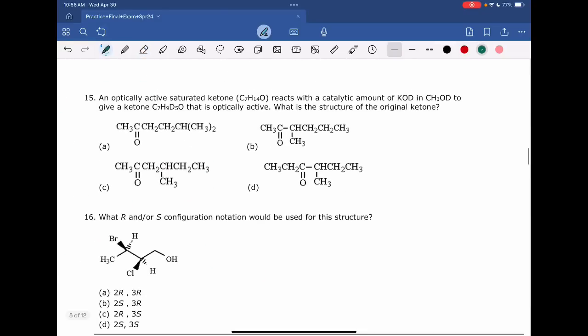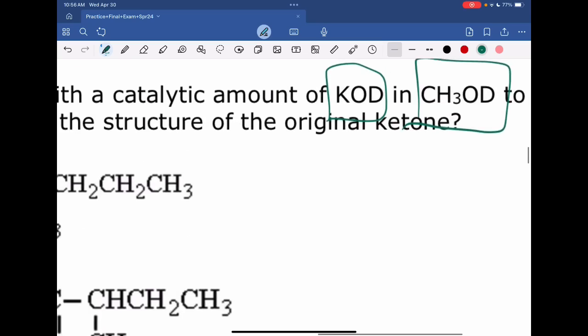Okay, so question 15 is definitely on the harder end, and it's very similar to one you had on your midterm 2 from ochem 1 last year. It's asking you about tautomerization. They're saying that you have a ketone that reacts with base, but the base has deuterium.